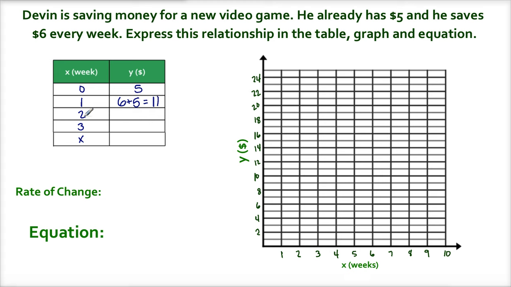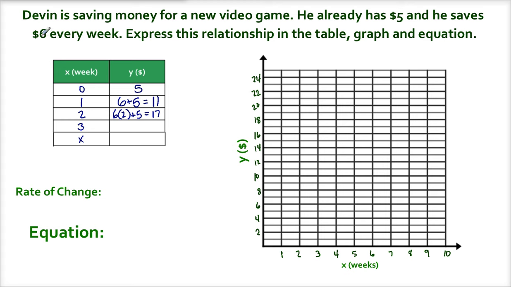How much money does he have saved after 2 weeks? Well, 2 weeks have passed, so 6 times 2 plus the $5 he already had. So 6 times 2 is 12 plus 5 gives me 17. How much money has he saved after 3 weeks?